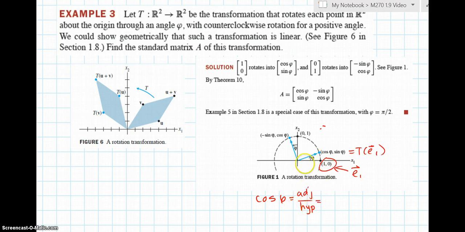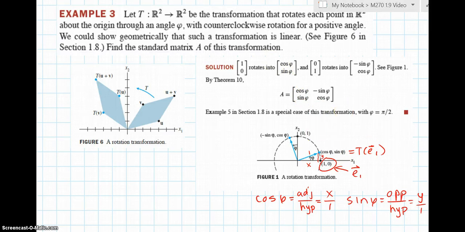The adjacent in this case, if we make a right triangle, is the x value, and the hypotenuse is 1, so it's x over 1. That's why the x coordinate is just cosine of phi. Similarly, sine of phi is the opposite over the hypotenuse, which is y over 1, because this is a unit circle and the radius is 1. So that is T of E1, which is the first column of our standard matrix.